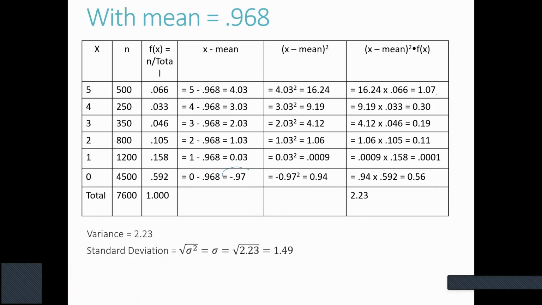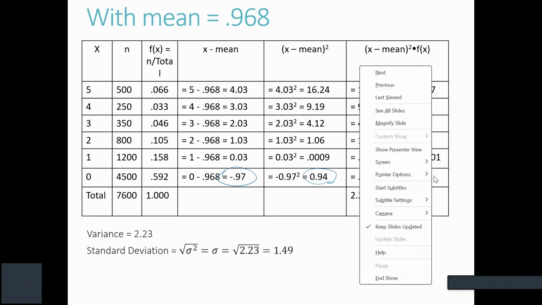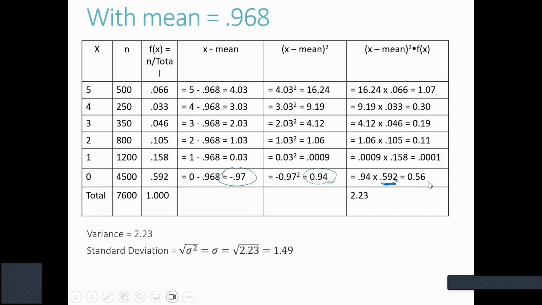But now we're dealing with a deviation, okay? And the squared deviation is not huge, but it's multiplied by a relatively high relative frequency. And so that contributes quite a bit to the overall variance, almost a quarter of it. At least about 20% of the whole variance.